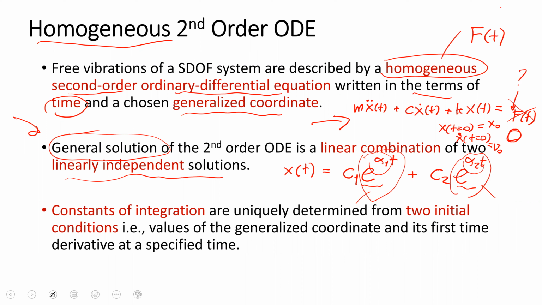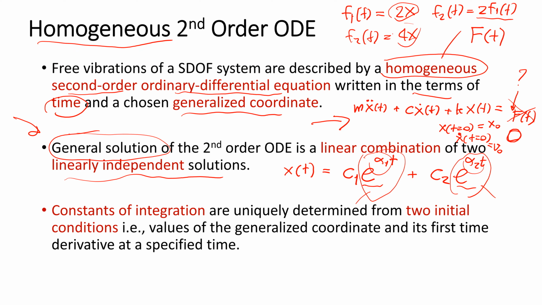If you say function 1 equals 2x and function 2 equals 4x, you can write that f2(t) equals 2 f1(t), so in this case you cannot say it's linearly independent.